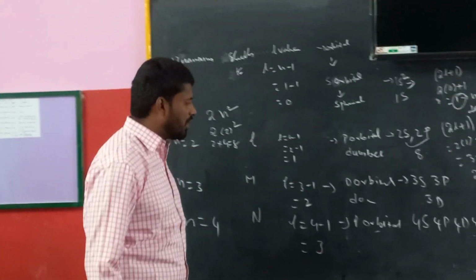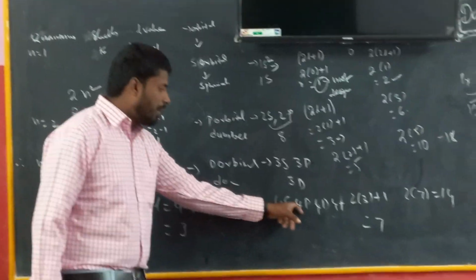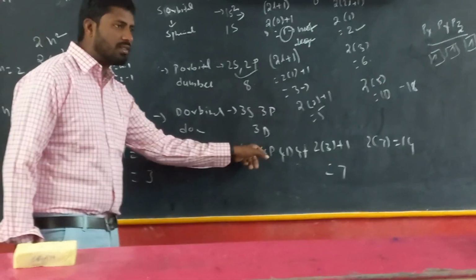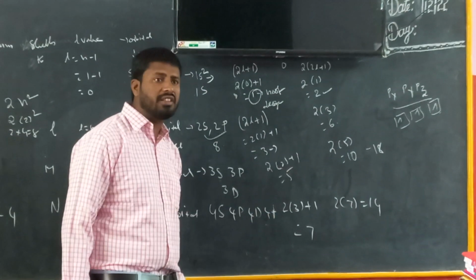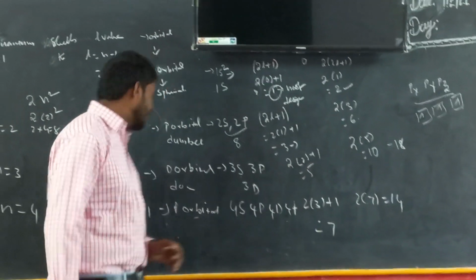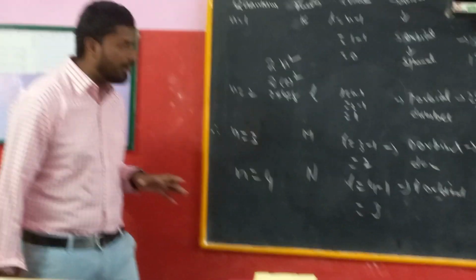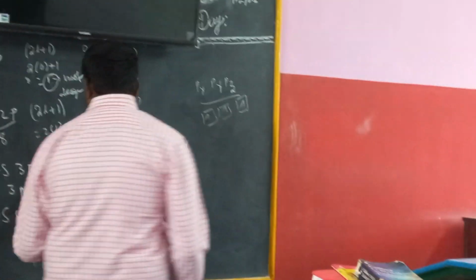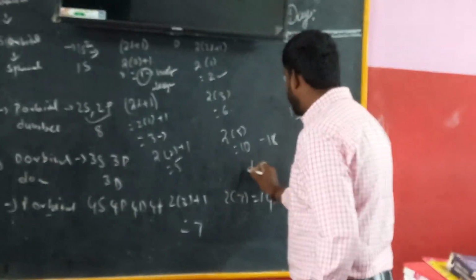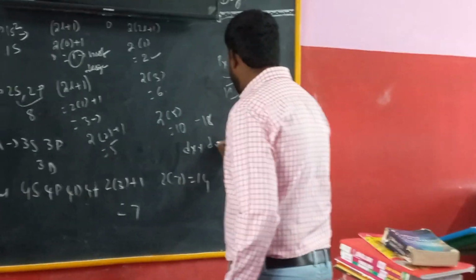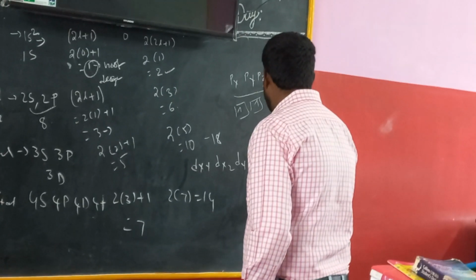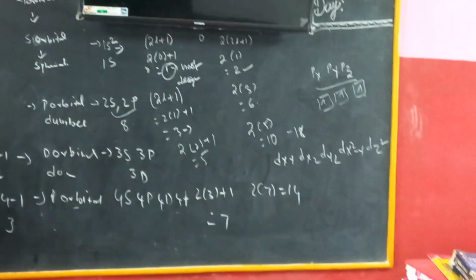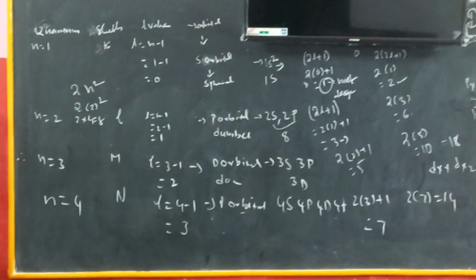If you want to calculate the total number of electrons, s means 2, p means 6, 2 plus 6, 8, d means 10, 18, 18 plus 14, 32. 32 electrons, if n is equal to 4, it can accommodate. And I want to tell you, 5 degenerate orbitals are nothing but dxy, dxz, dyz, dx square minus y square, dz square. And this is about the entire analysis of quantum numbers in analyzing the configurations.